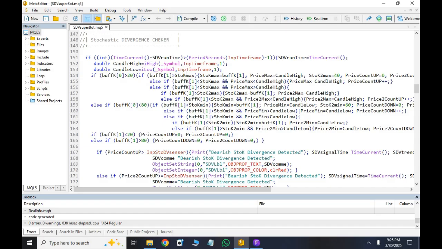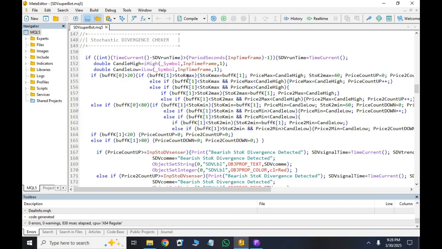That means the Stochastic max value is saved; this is a global variable, so it saves the Stochastic value, and if the buffer K value exceeds it, that means the K value is increasing, then it saves to Stochastic max value, and at that time we save the price max value, that means the candle high value, and other 0.